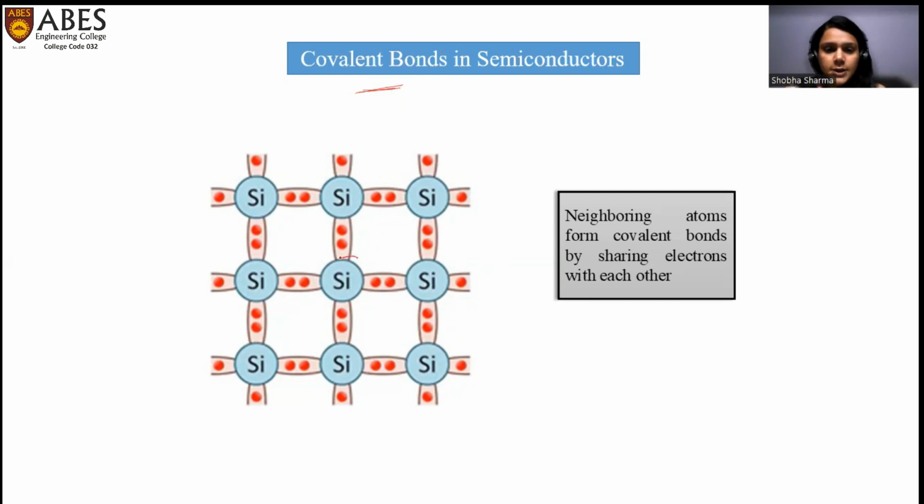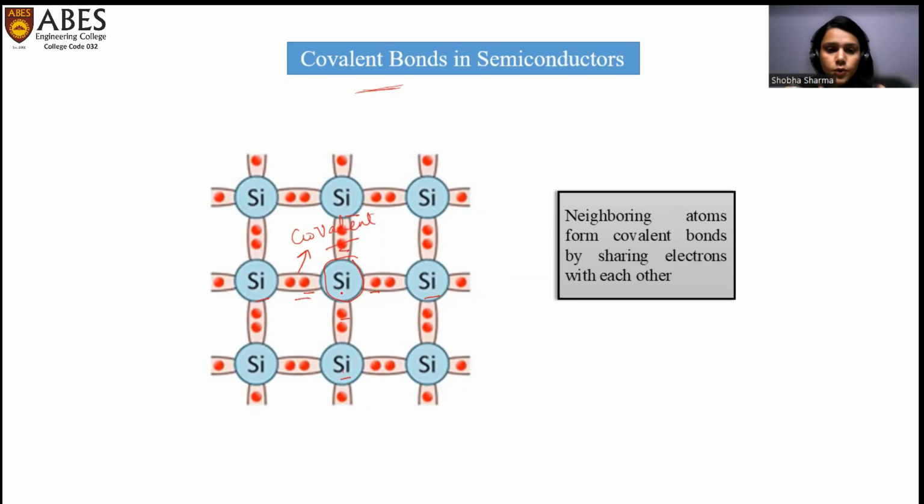This particular silicon atom has 4 valence electrons, and it is sharing its valence electrons with its neighboring silicon atoms with the help of a bond which we know as a covalent bond.